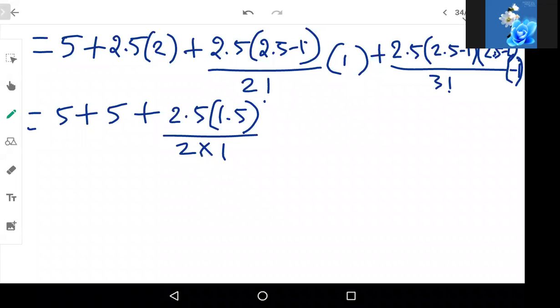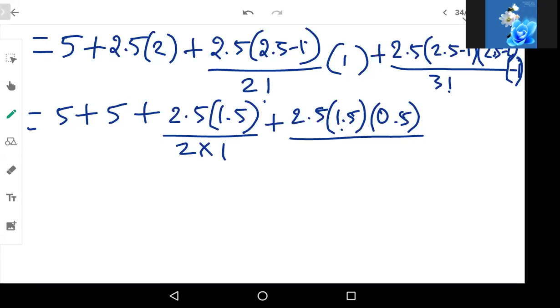Into 1 means it is the same thing. Then plus 2.5 into 1.5 into 0.5 divided by 3 into 2 into 1 into minus 1. Minus 1, keep it as it is, otherwise you will get confused. We will see later.